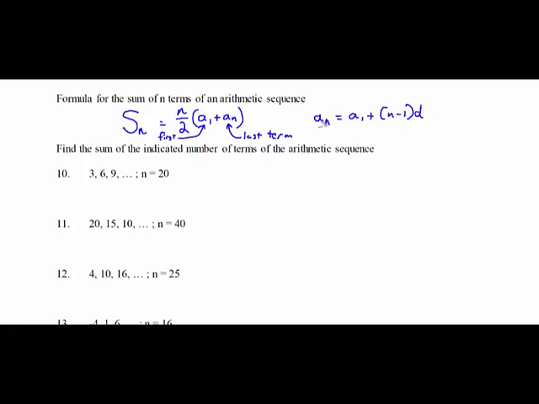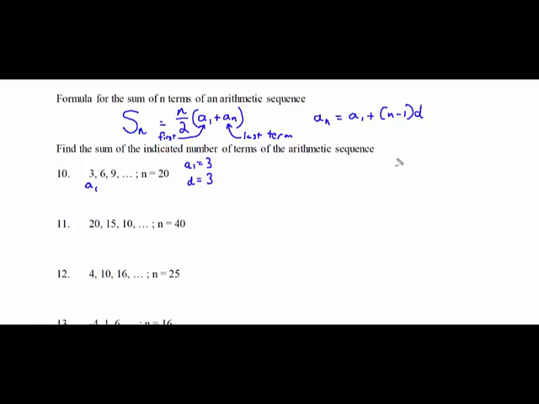We're actually going to use both of these equations, because we want to find the sum of the first 20 numbers starting with 3 in this arithmetic sequence. So this is 3, 6, 9, 12, 15, 18. We are starting with 3, and the difference between these is 3.